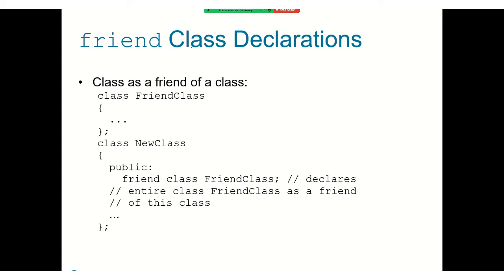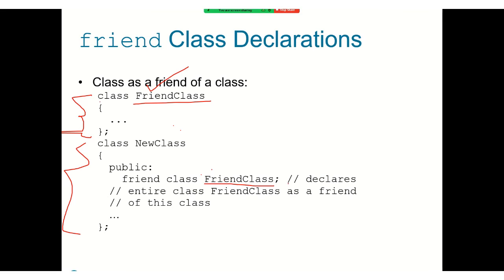When you have a friend class, you have to define the main class whose friend this class is. So you have to define them in that way. It really doesn't matter where you are defining, so long as you are including the header files properly. But this is the way you should define a class to be a friend class.